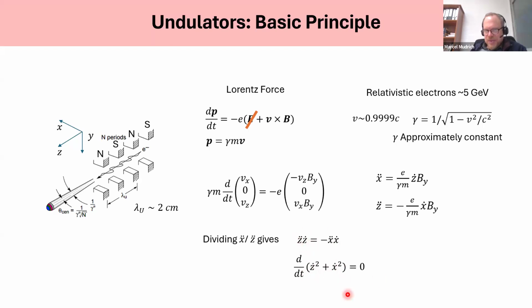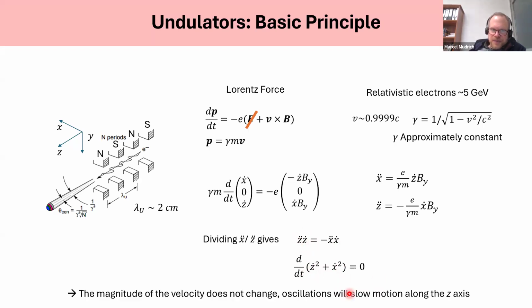So we get this, which means that the magnitude, like the total speed, which is given by the sum of the squares here, is constant. So meaning that the oscillation in the x direction, perpendicular to the propagation of the electrons, slows down the motion in the z direction.